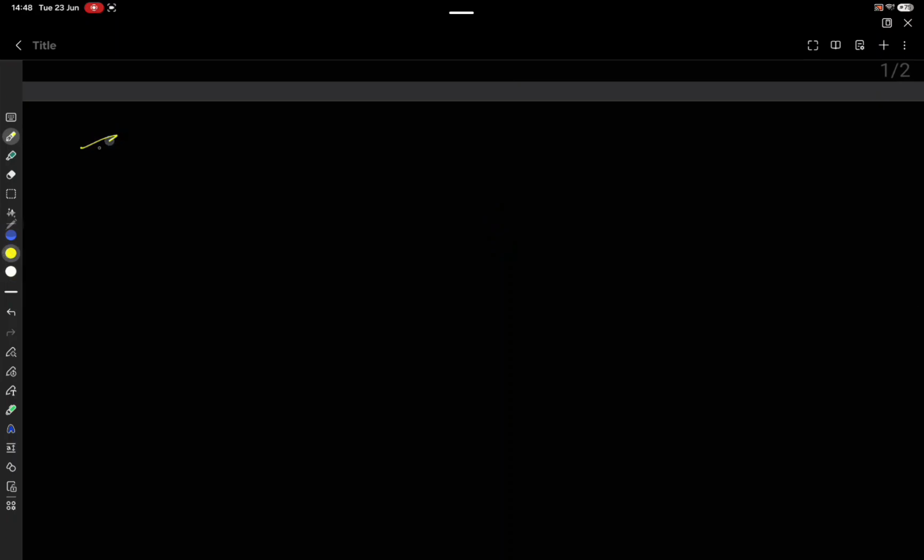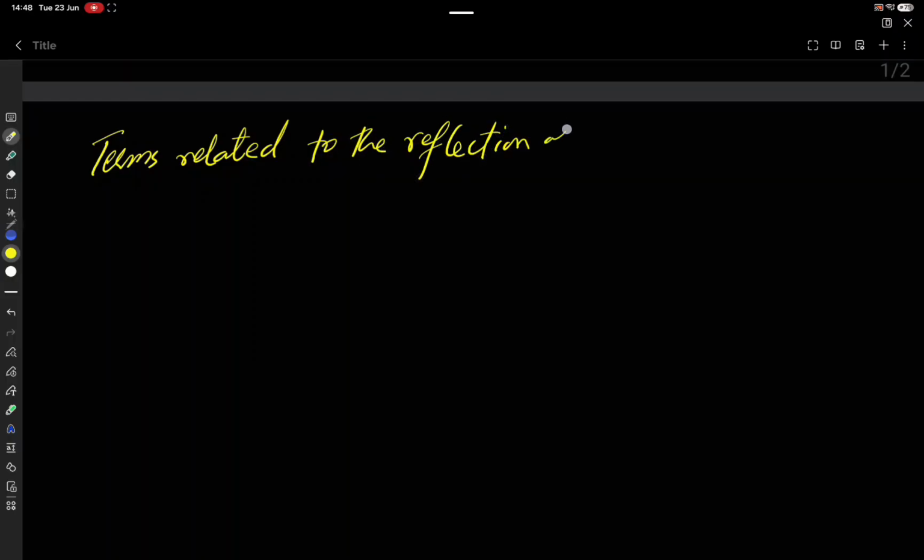Terms related to the reflection of light.